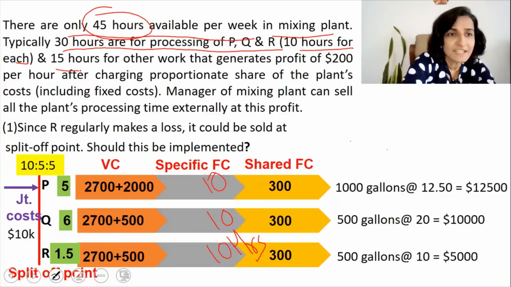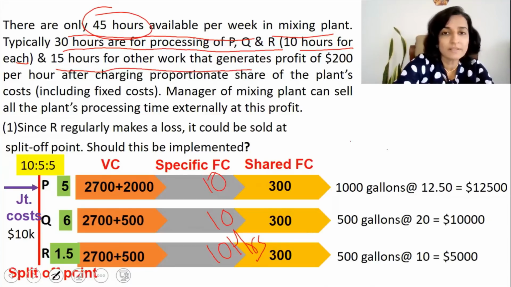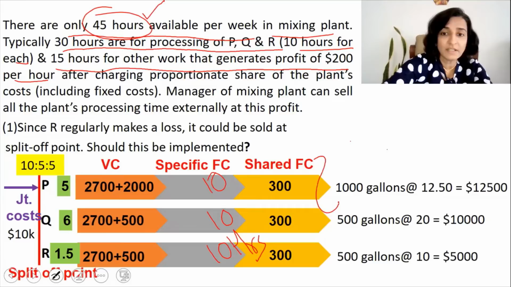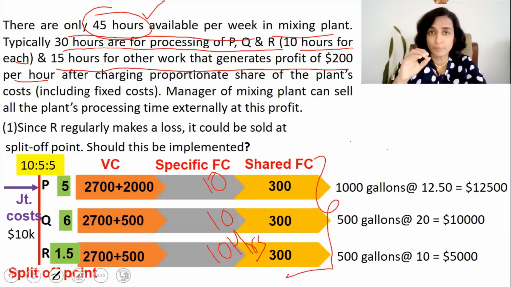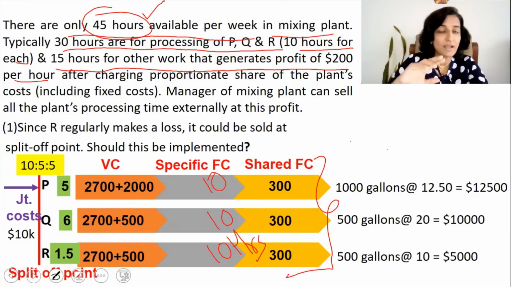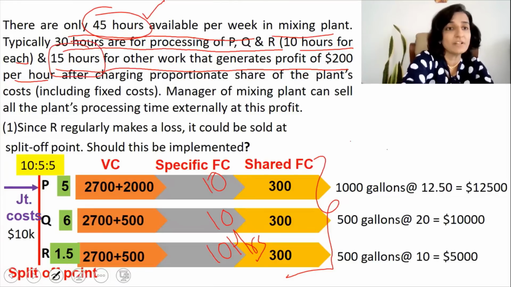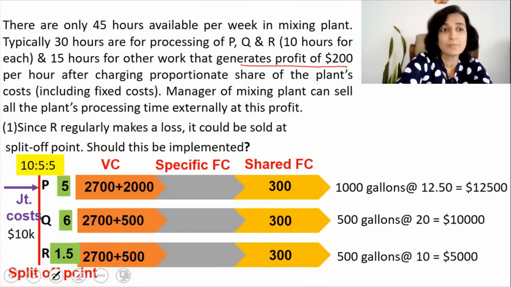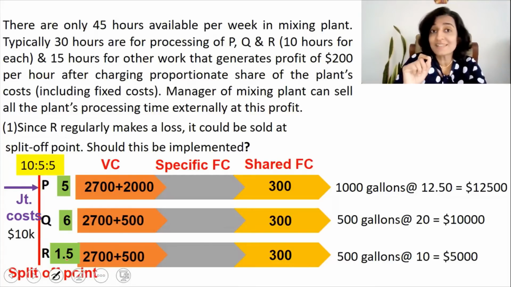And 15 hours for other work that generates a profit of $200 per hour. So out of the 45 hours, 30 hours is used for the processing of product P, Q, and R, and the balance 15 hours is used for another work that generates a profit of $200 per hour, which means that we have an alternative use for the existing mixing plant.